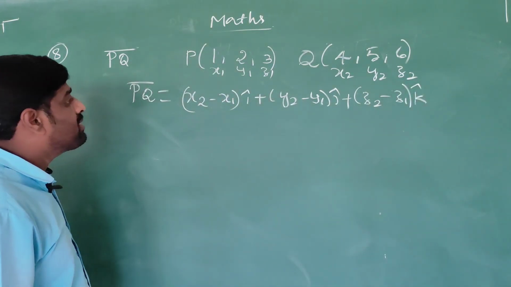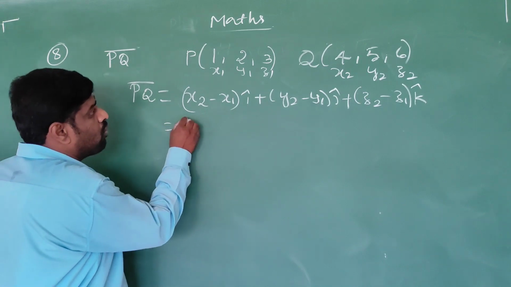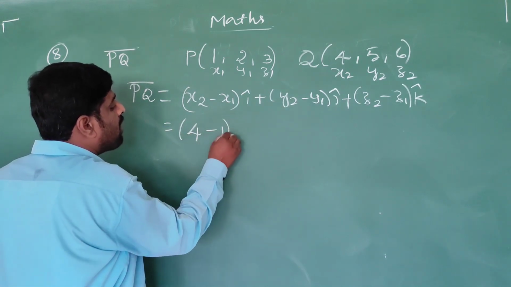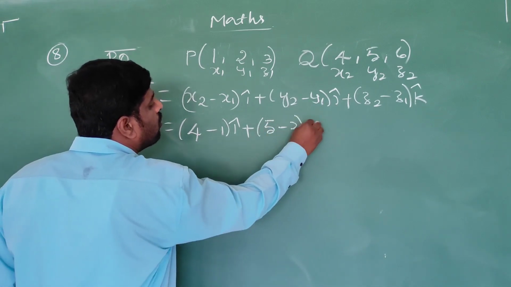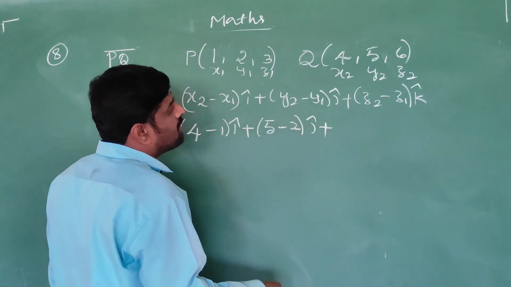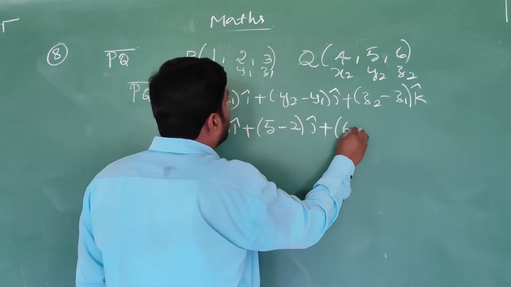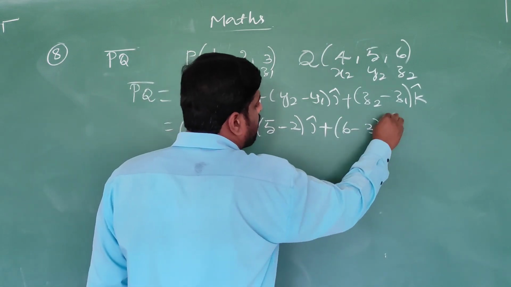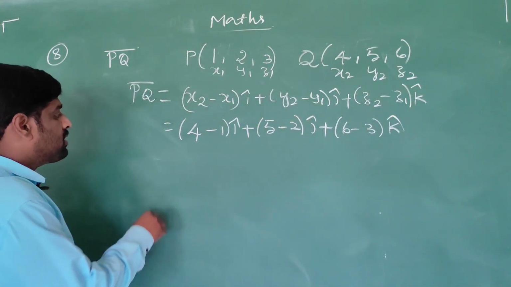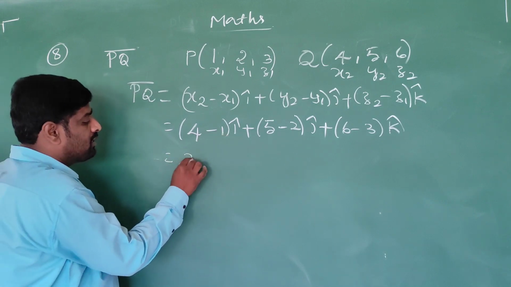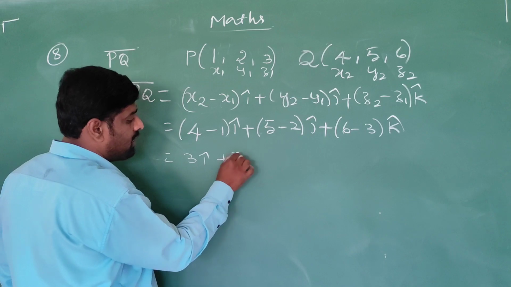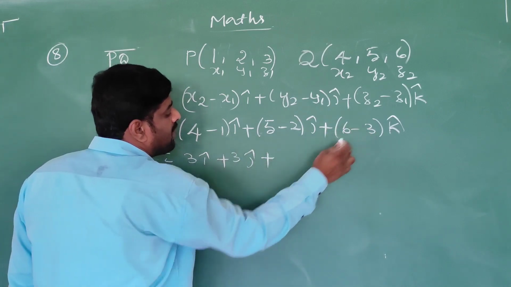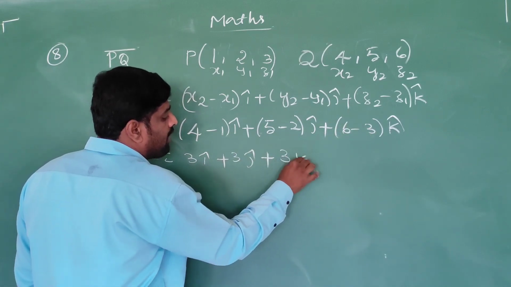So what is x2 here? That is 4 minus 1 i cap plus 5 minus 2 j cap plus z2 is 6 minus 3 k cap. Okay, clear? That is 4 minus 1 is 3 i cap, 5 minus 2 is 3 j cap, 6 minus 3 is 3 k cap.